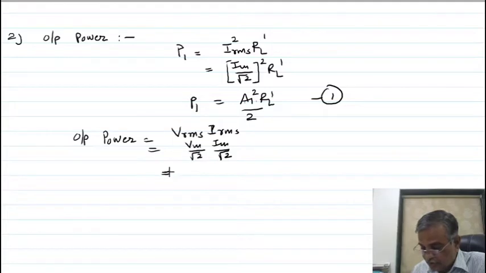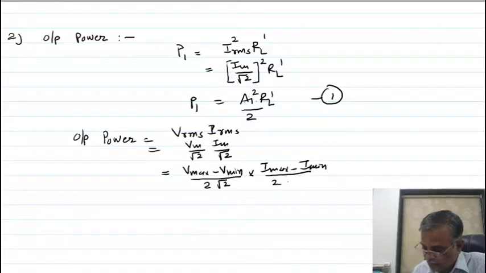You can also calculate the maximum voltage as V maximum minus V minimum upon 2, already you know that, into I maximum minus I minimum upon 2 into root 2. So by these two equations you can calculate the output power.